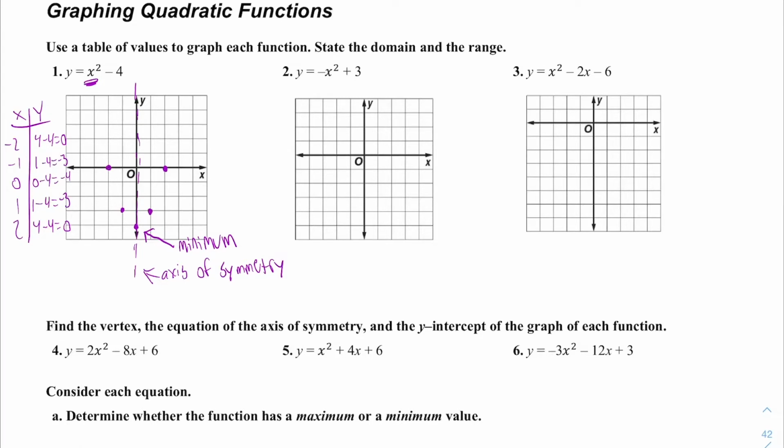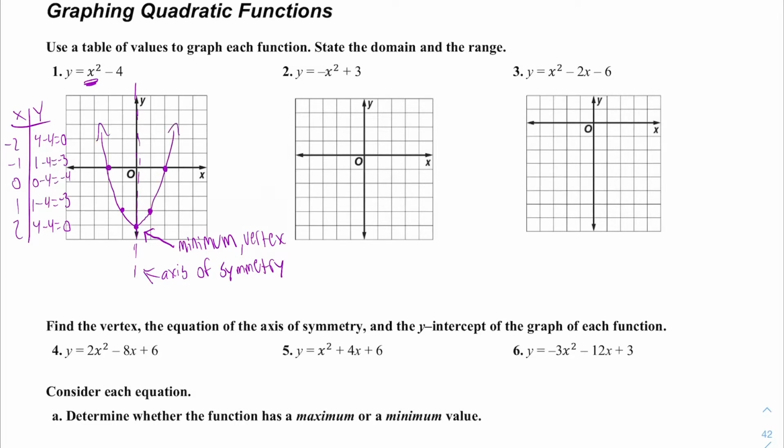Since it's also the minimum, it's going to be the vertex. The minimum and maximum of a parabola will always be the vertex. And we can connect these points with a curve.